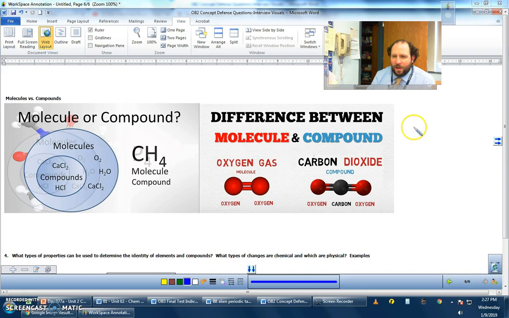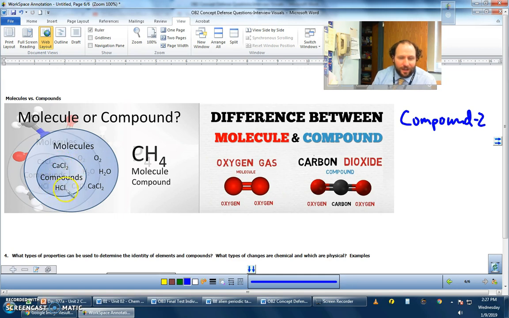So, a compound must have 2 different elements. And we see that. CH4, CaCl, HCl, these are all compounds, 2 different sets of elements. Molecules, however, can be just a single element like O2.